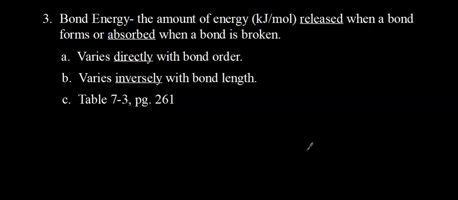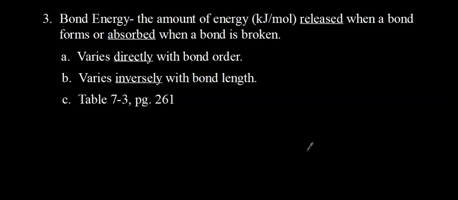So bond energy varies directly with bond order. So what does that mean? Double bonds are harder to break than single bonds, and triple bonds are harder to break than double bonds. And you can see that data on page 261. If you look at a carbon-carbon double bond, it has a higher bond energy than a carbon-carbon single bond.